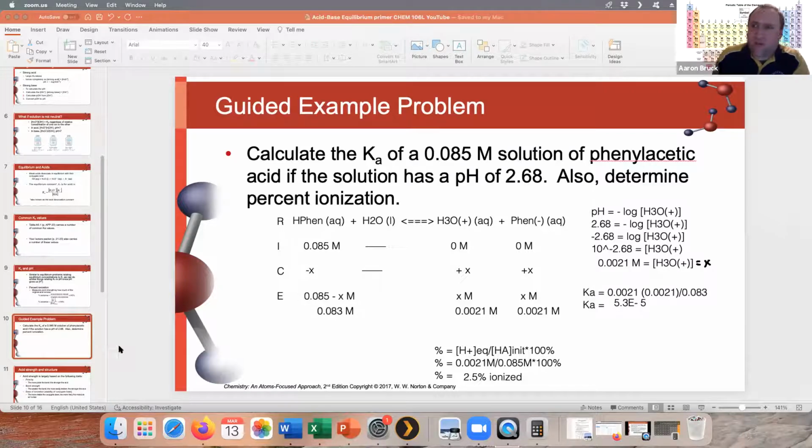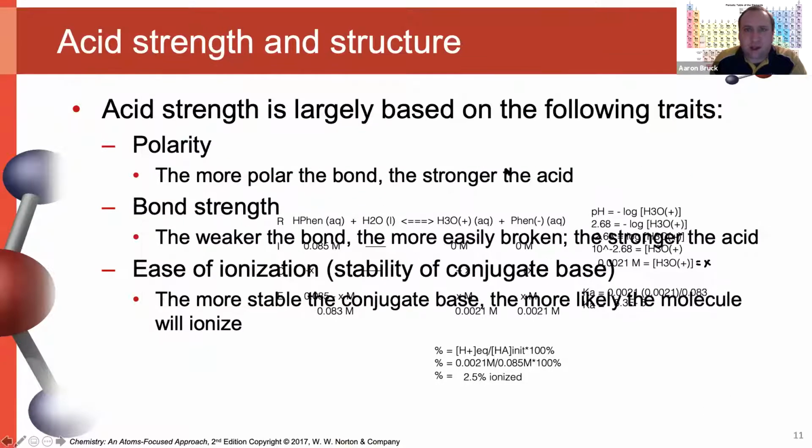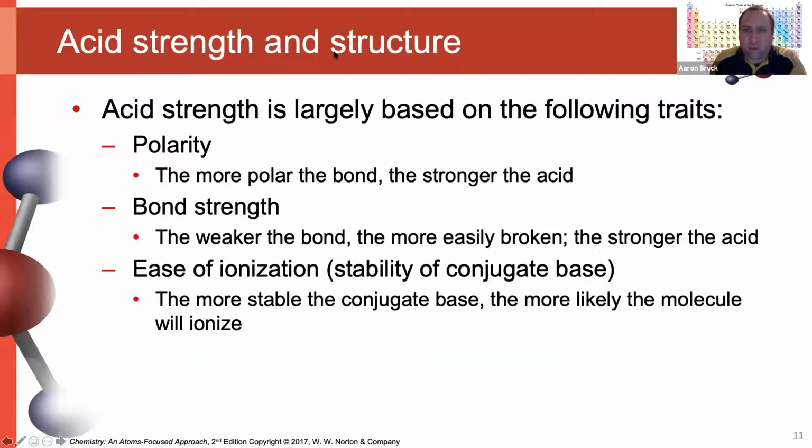But to address another point that is going to come up, and this is going to come up in particular in the in-person lab, E22, we want to look at the concept of acid strength, because acid strength actually has a lot more to it than meets the eye.